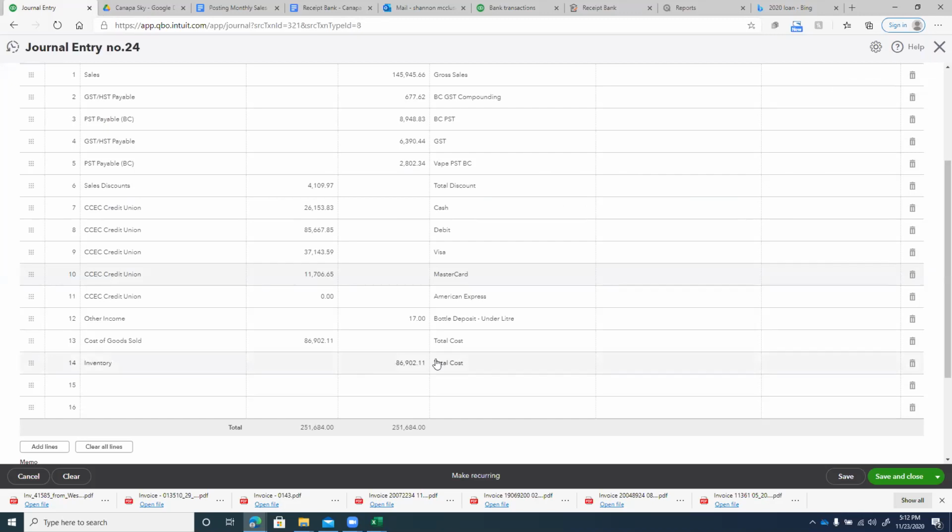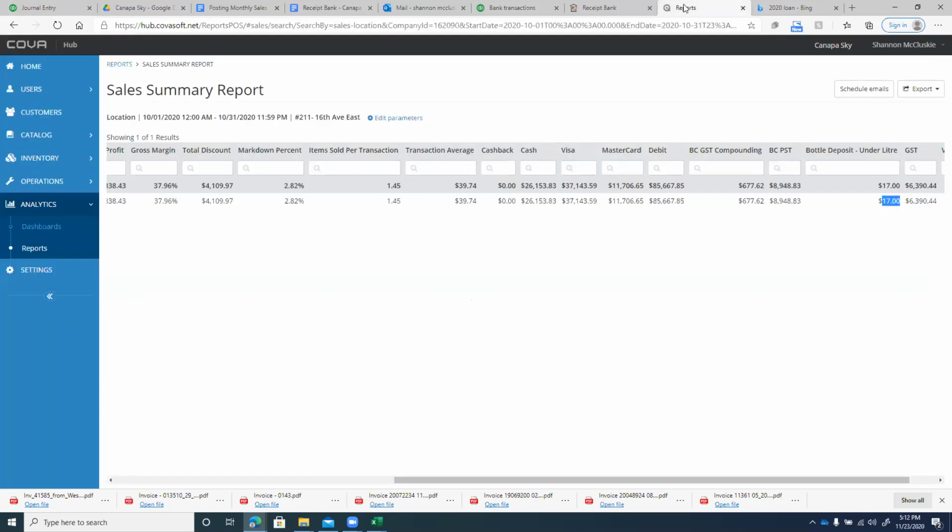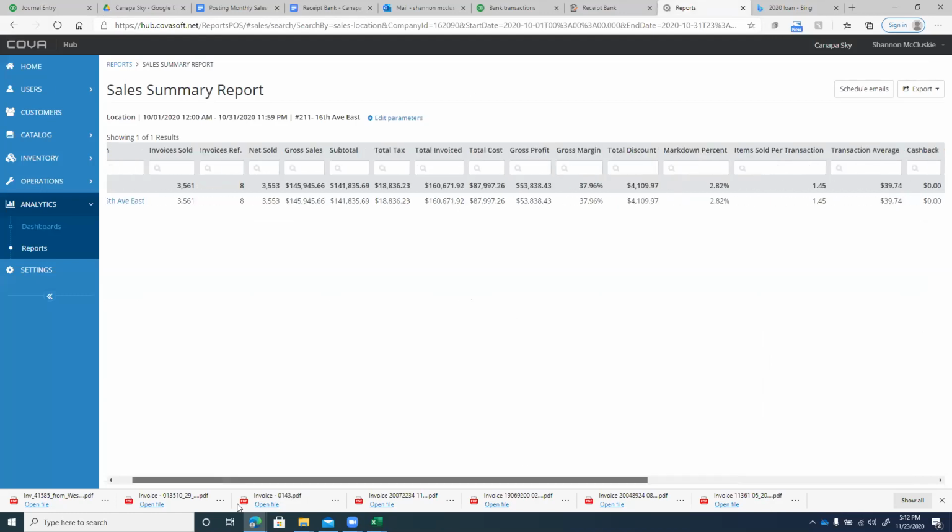Cost of goods sold. So this is the cost of the inventory that was sold. So this number, total cost.